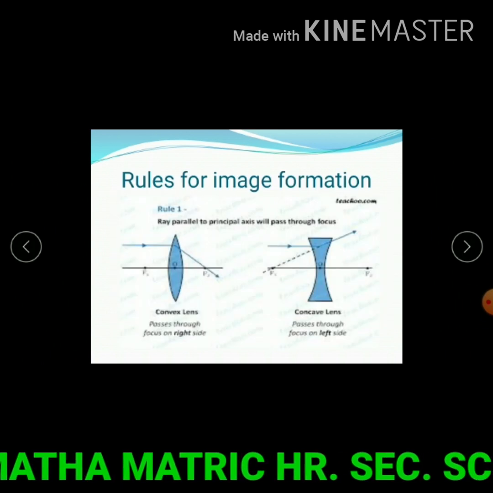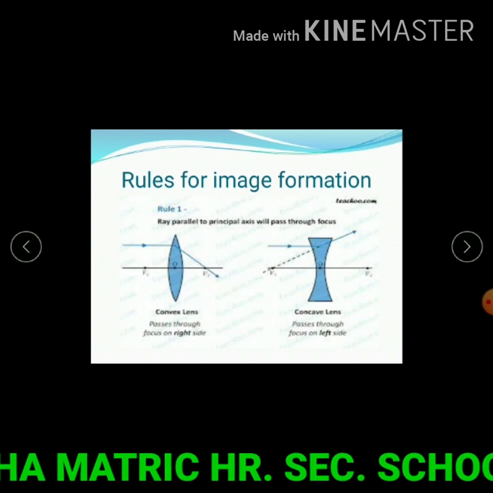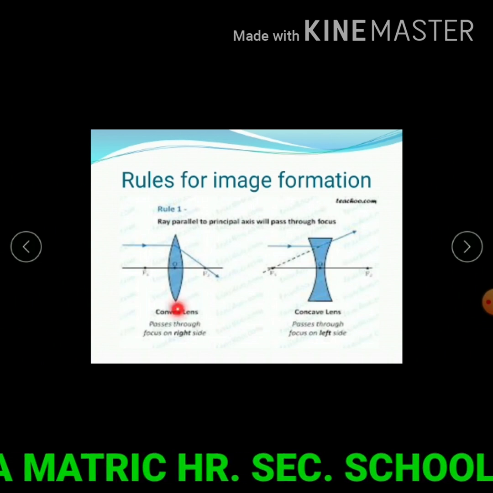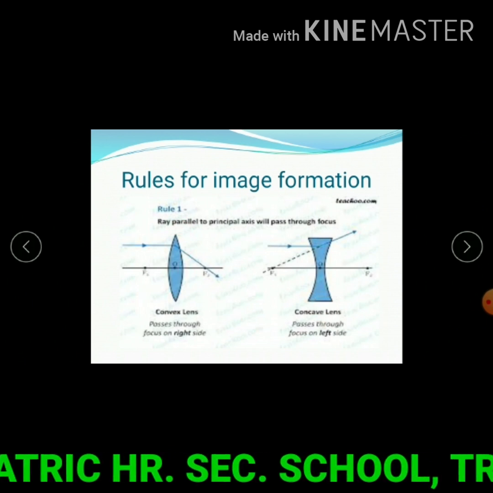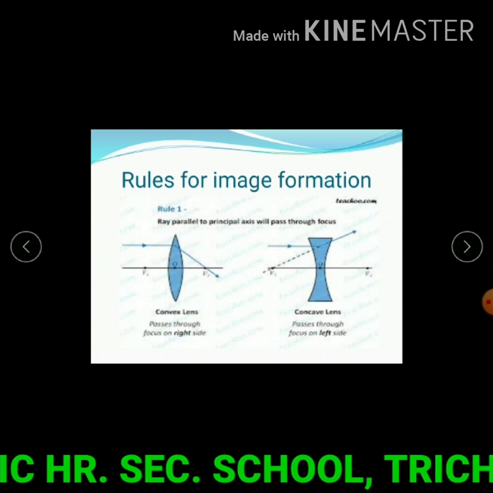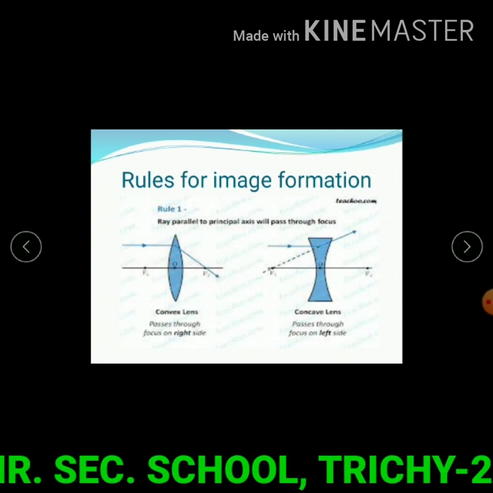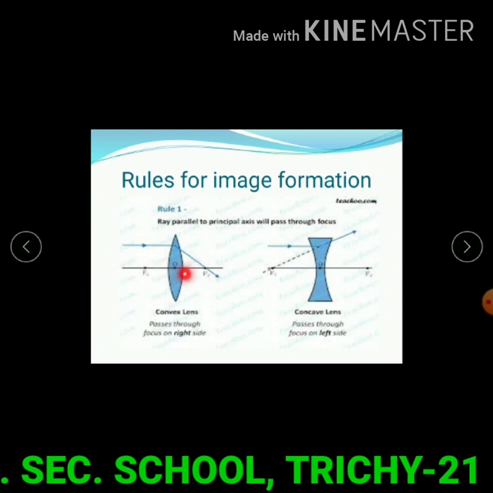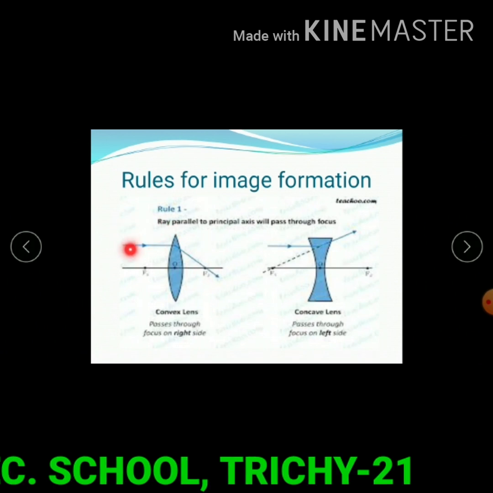Next we are going to see the important rules for image formation. First rule: consider the two lenses, convex and concave. In the first rule, a ray parallel to the principal axis. Here this black line is the principal axis, because a line passing through the optical center is called the principal axis. Consider a ray.